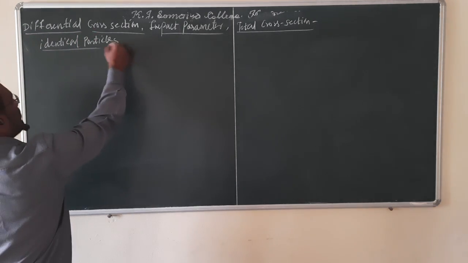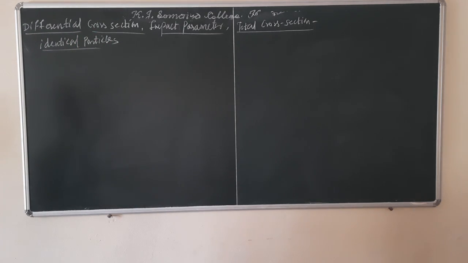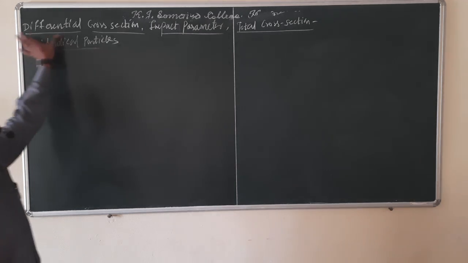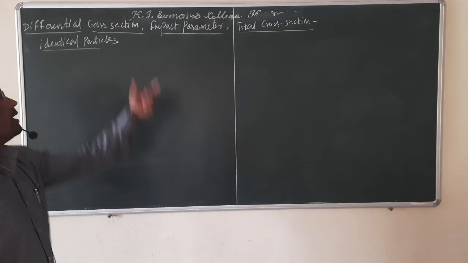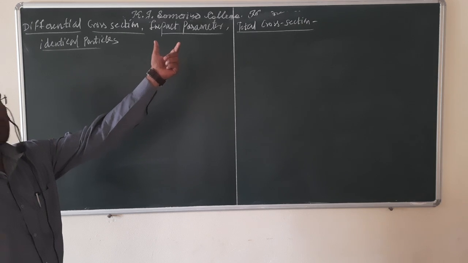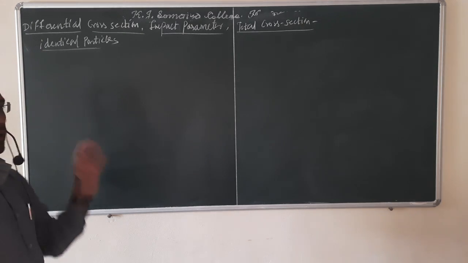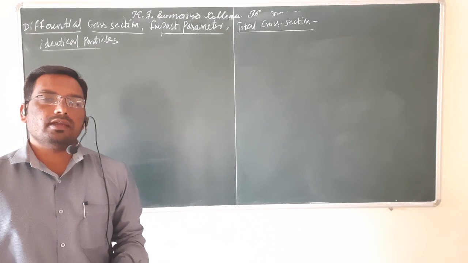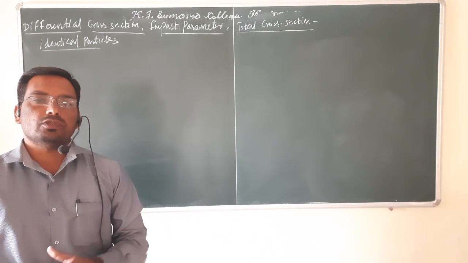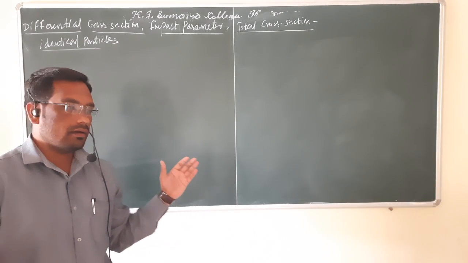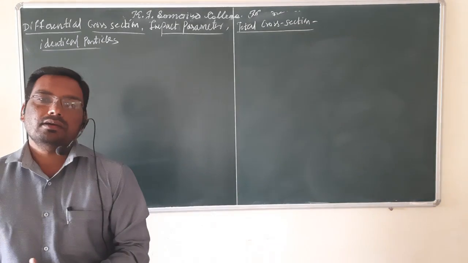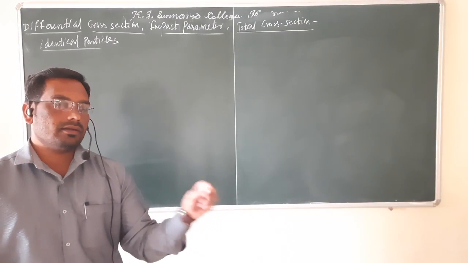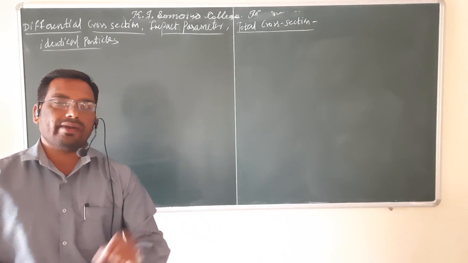And if that number is very large, then we have to take into account the differential cross section, impact parameter, and total cross section, because we have to talk in terms of probabilities. Why do we have to talk in terms of probability? Suppose 10,000 particles are incident, and we take a certain angle, suppose 0.1 radian.